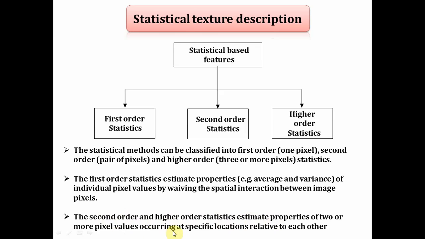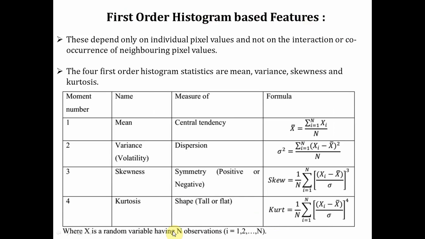Okay, so these are nothing but the standard formulas. For the mean, we already studied it in image restoration. The mean is defined by x bar, a summation from i equals 1 to the final size, and this is nothing but the average.